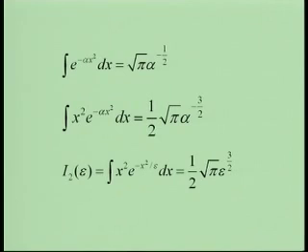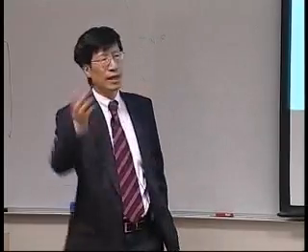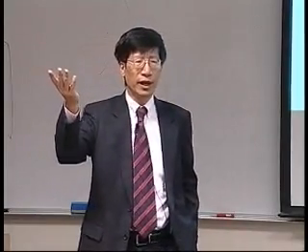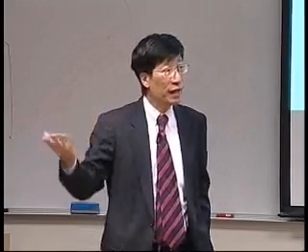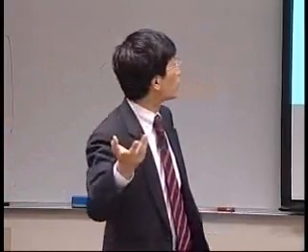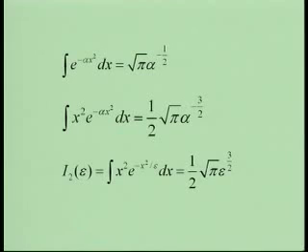If I differentiate the first line with respect to alpha, on the left-hand side, differentiate with respect to alpha, and then put a minus sign throughout. Then on the left-hand side, I differentiate under the integral sign. I just bring down a factor x squared, right? And on the right-hand side, I have alpha to the minus a half power.